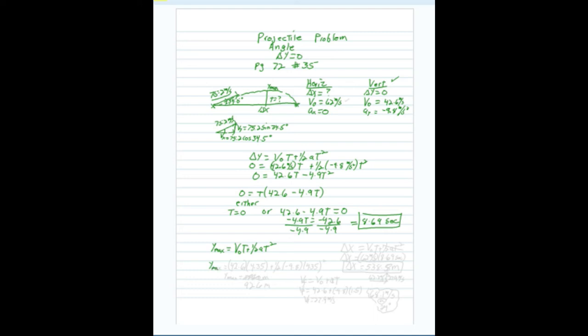So y max equals 42.6 times half of that time, 8.69 divided by 2 is 4.35, plus 1/2 times negative 9.8 times 4.35 squared. So we have to punch that all in the calculator. 42.6 times 4.35 minus 4.9 times 4.35 squared. We get 1760.